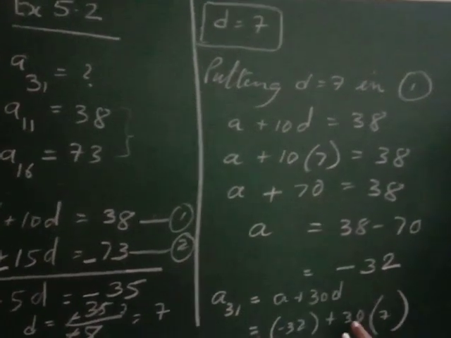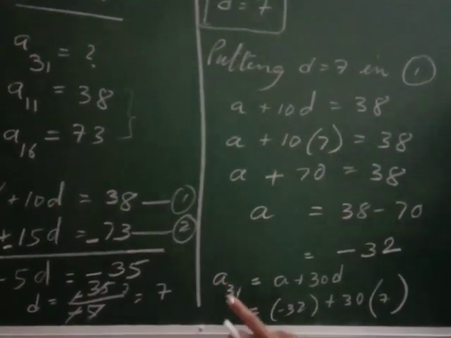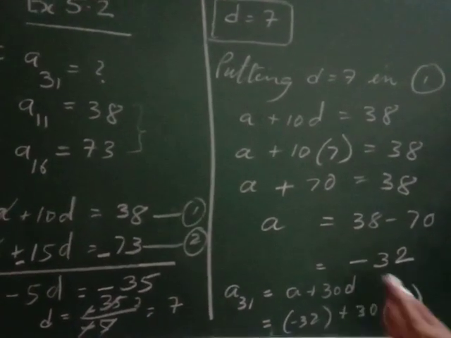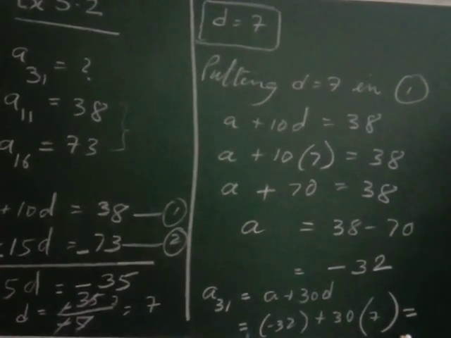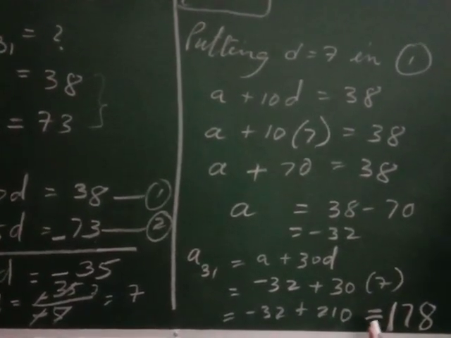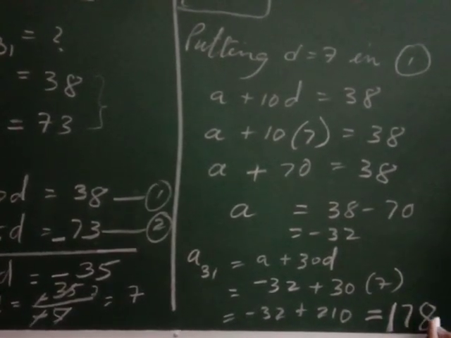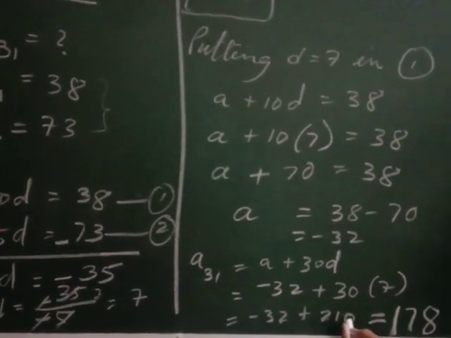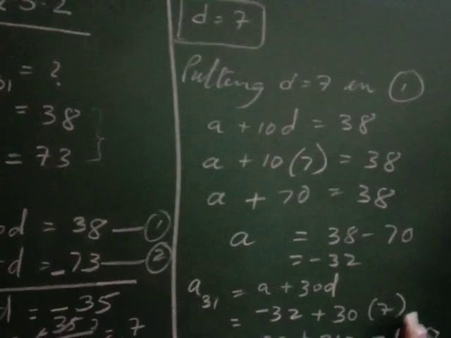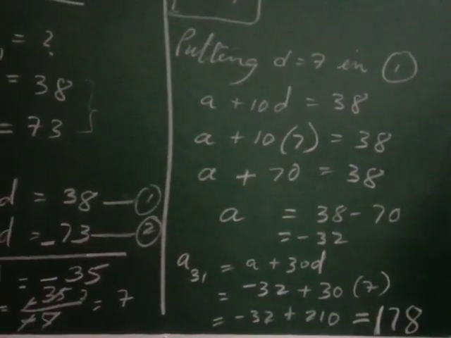Now I will solve this and get the value of the 31st term, A31. So minus 32 plus 210, that is plus 178. The greater number is 210, so the answer is positive. So my 31st term is 178.